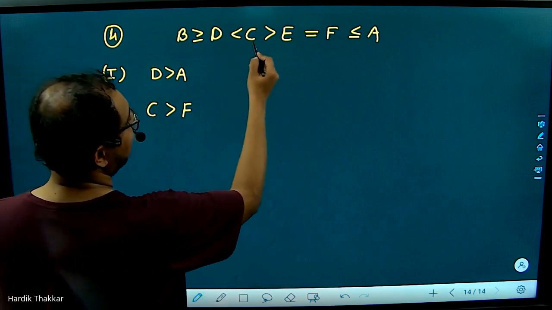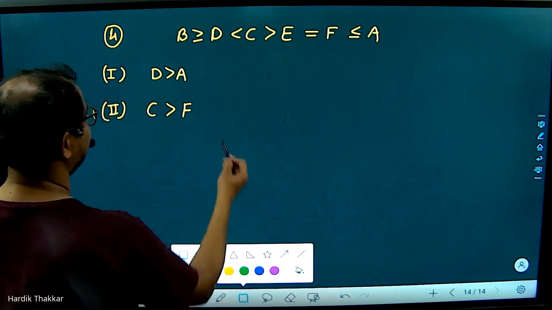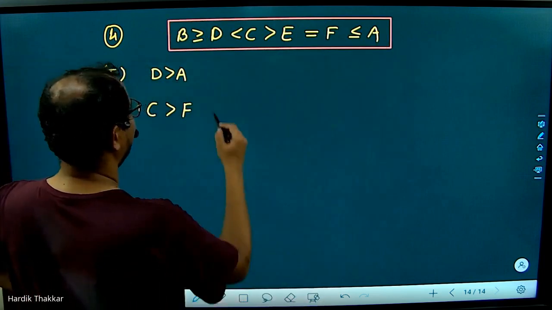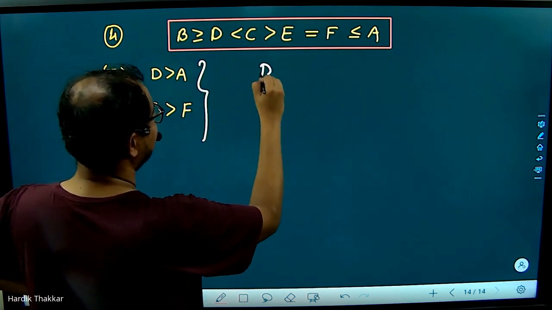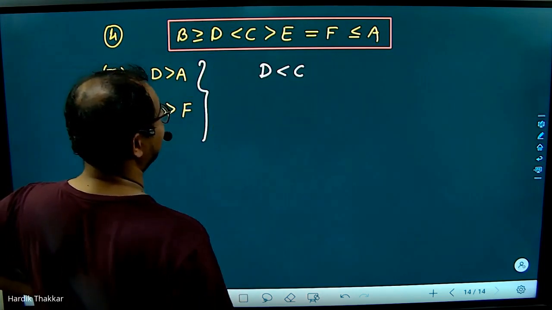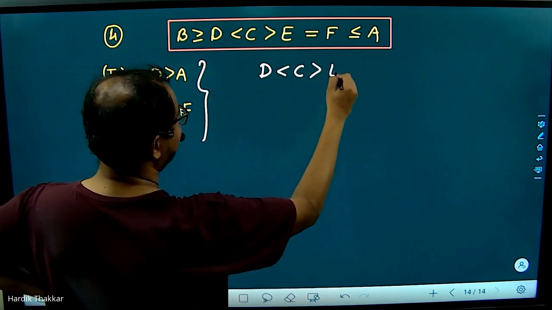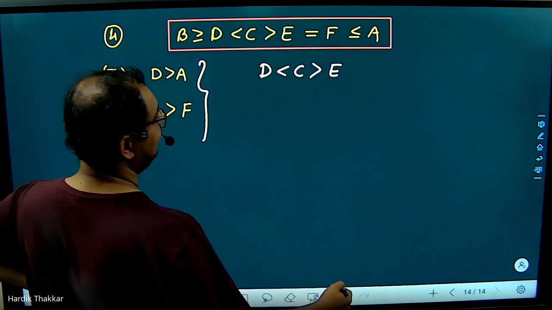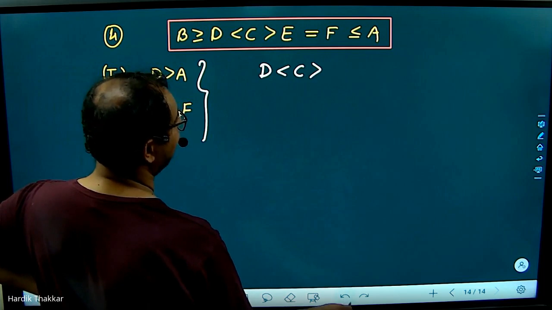D is less than C, and E is also less than C. We can replace E with F because E and F are equal.